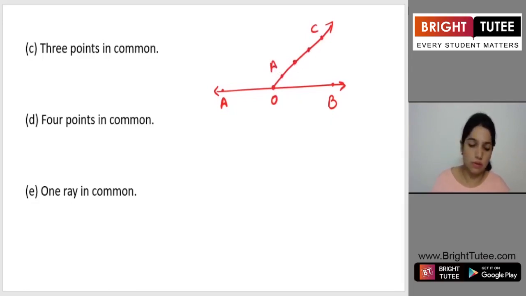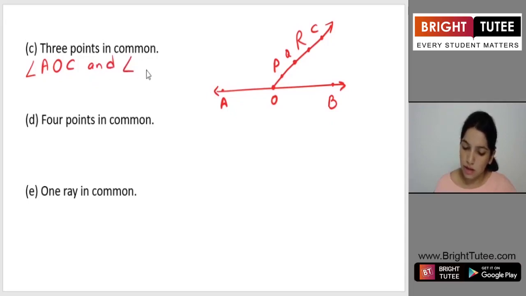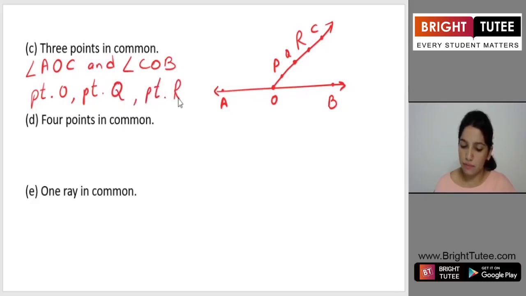Say instead of A, I should say P, Q, R. So here in angle AOC and angle COB, I have got point O, point Q, point R. These three I have chosen as the points which are common between the angle AOC and COB.